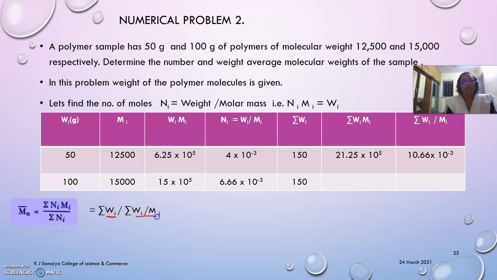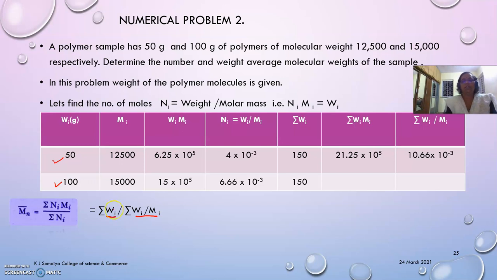So now the weights are given, 50 and 100, so we will represent it in terms of these weights. This formula is represented in the form of weights of the given sample. Alright, so we say Wi upon Mi. This is known to us.